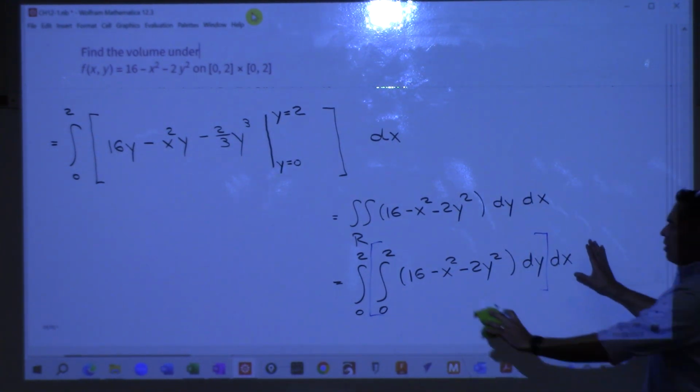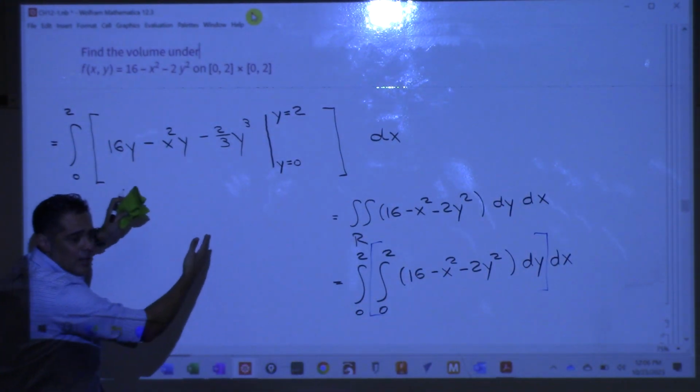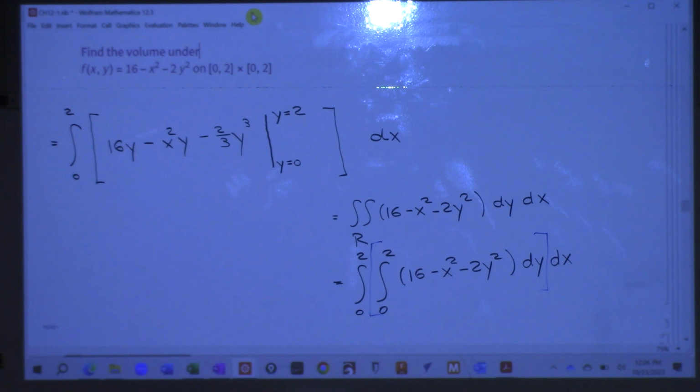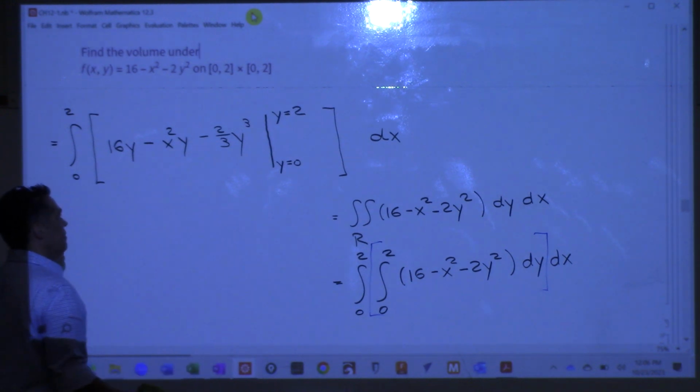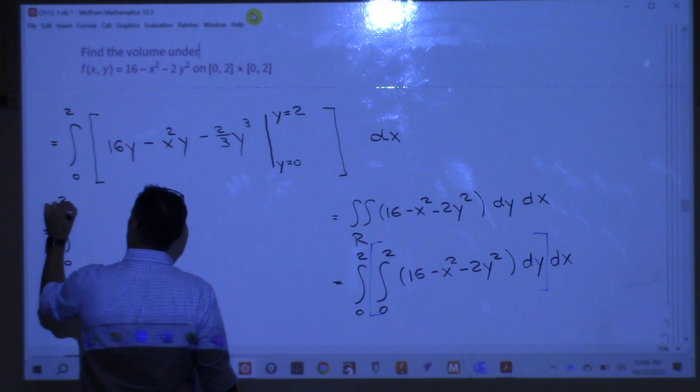So this outer integral, I'm completely ignoring it until I finish everything in here. I'm going to do everything in here first, get an answer, and then I'll do the outer integral. Right now I'm treating y like the variable, x like a constant, and I'm cranking away. So equals, I'm still going to bring this integral here.